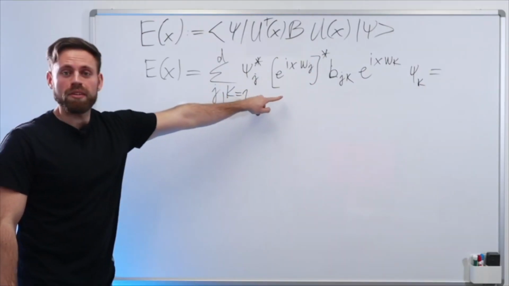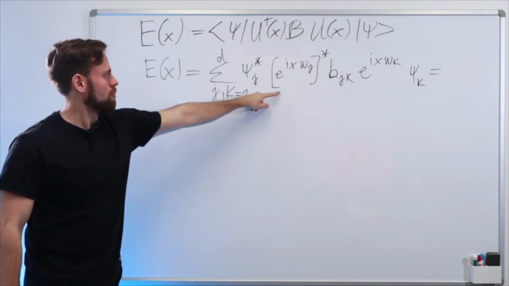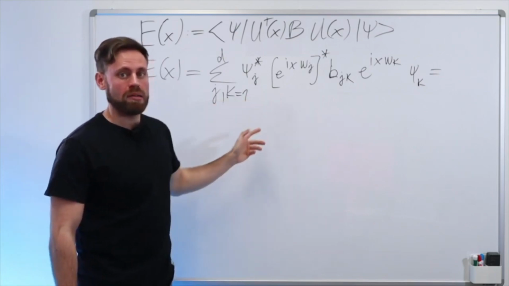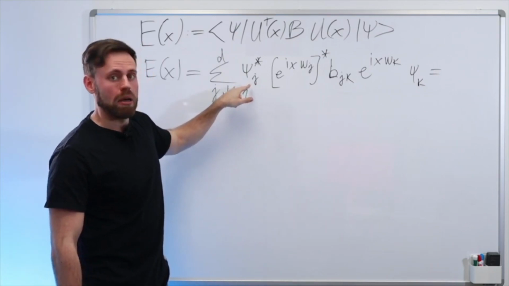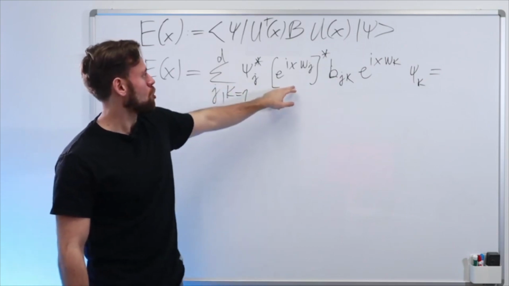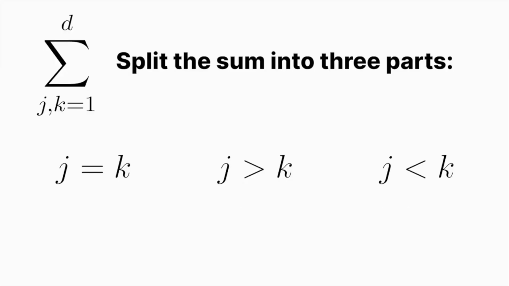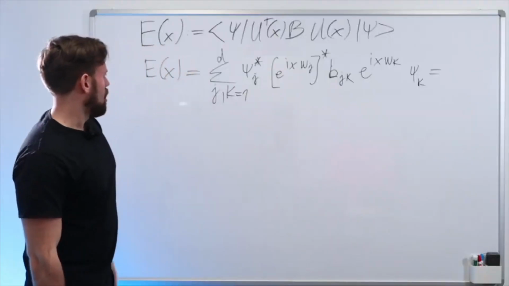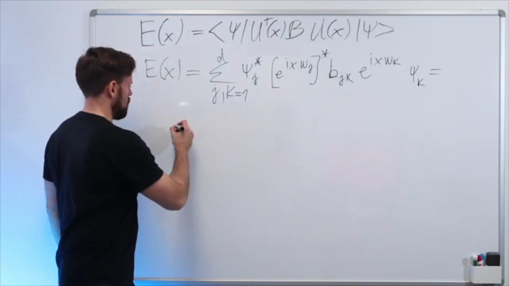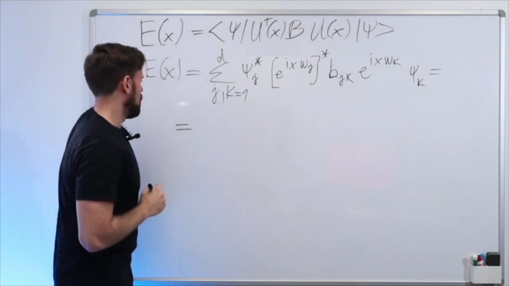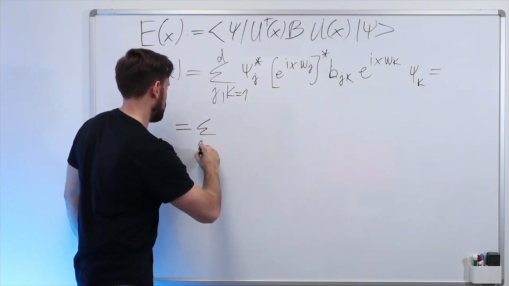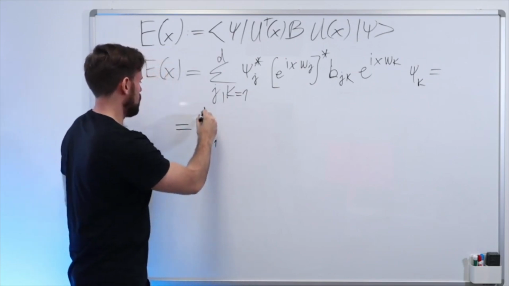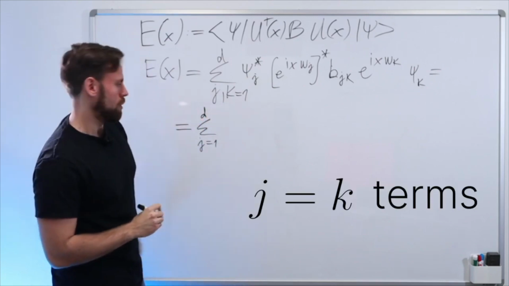All right, once we have this expression, we can further expand on it by considering which terms in this product are x independent, so they don't have any x in their expressions, and which terms are x dependent. Let's write up the same expectation value based on this criterion. What we can write is we will have a sum where we have a single index, j going from 1 to D, such that we consider j equals k.